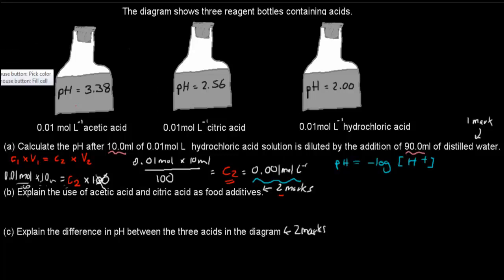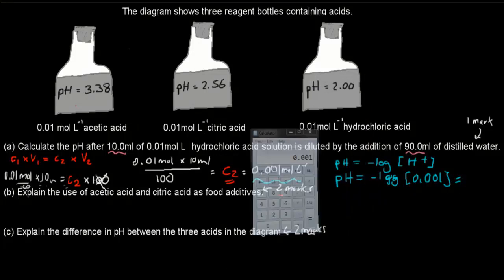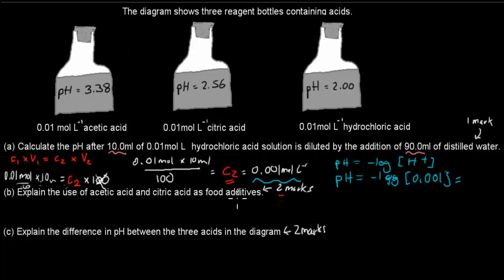So you put those numbers in: pH equals minus log 0.001. My calculator doesn't do logs, so I can't do it here. I should get a new one eventually. But what you would get is a pH of 3, which makes sense.